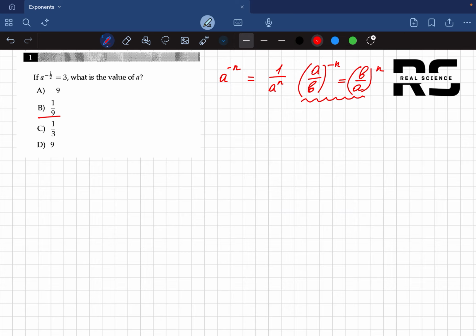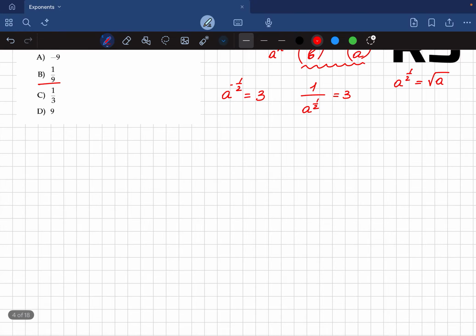Okay, now let's rewrite it. A to the power of minus 1 over 2 is equal to 3. So we could rewrite it as 1 over a to the power of 1 over 2 is equal to 3. And if you remember, a to the power of 1 over 2 is basically just square root of a. So we have 1 over square root of a is equal to 3.